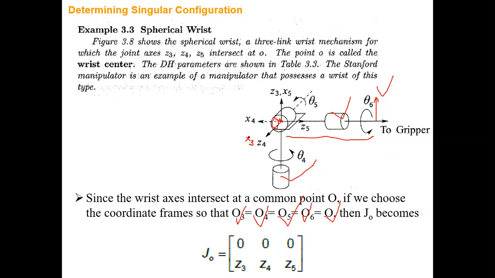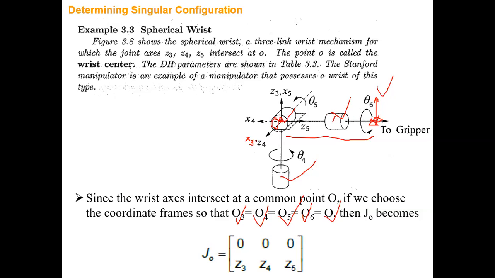Normally we choose the origin here, here, here, and here, four different places: one for the end effector, and one each for joint 4, 5, and 6. We have four different locations of the coordinate frames. But instead of doing that, I'm choosing to put everything here.